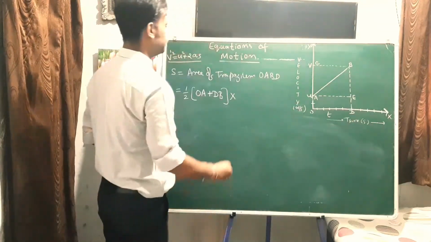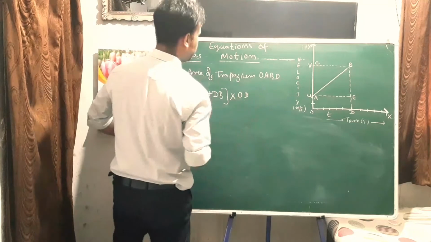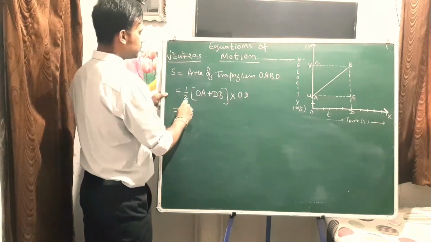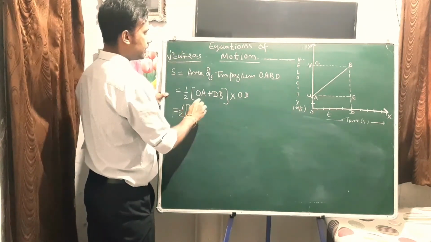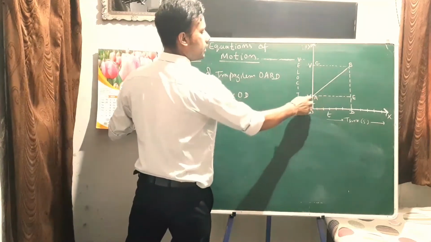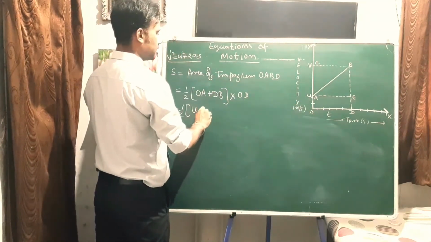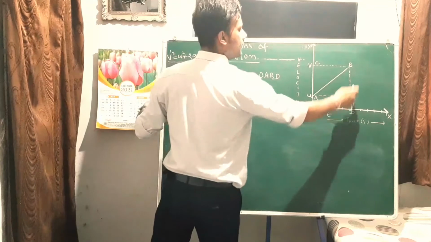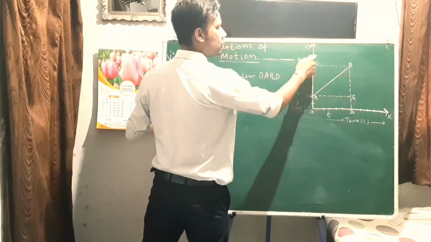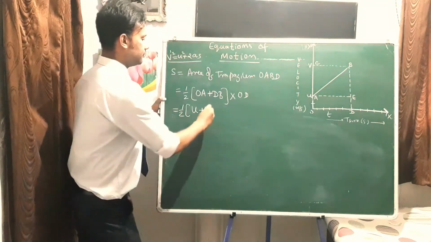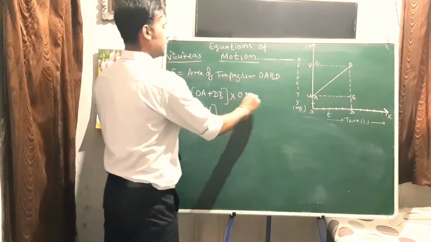Right? Okay. Write the values. So half, what is the value of OA? OA is U, plus what is the value of DB? DB is equal to OC, that is nothing but V, and OD is T.